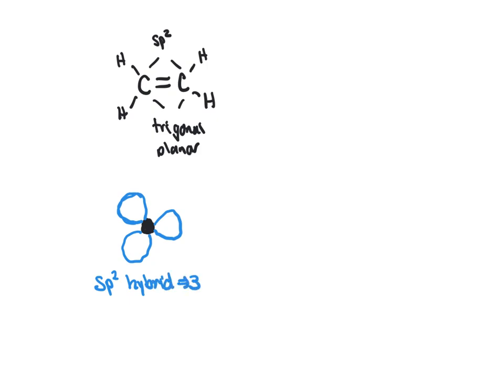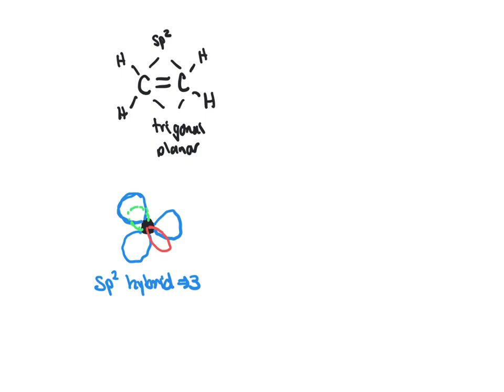And then because I've only used the s and 2 of the p's, there is a leftover p orbital that hasn't been hybridized, but is still part of that carbon atom. And so there is a p orbital that comes out of the plane and goes back into the plane of the board, kind of behind that sp2 hybrid.